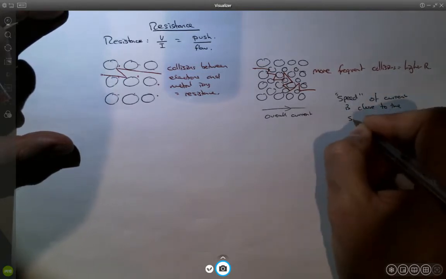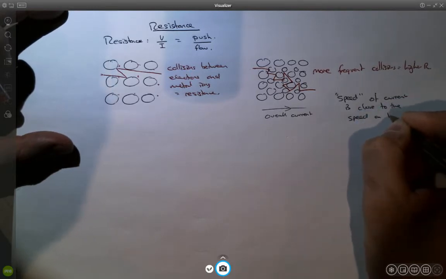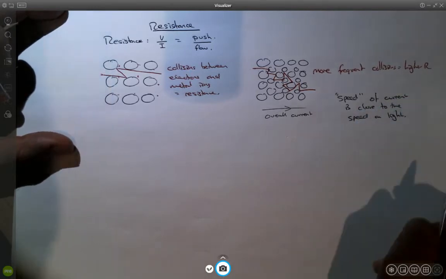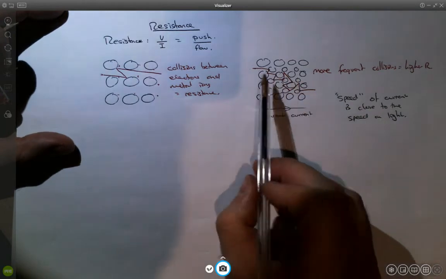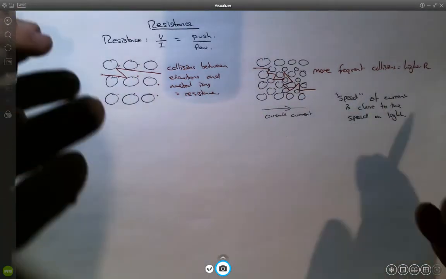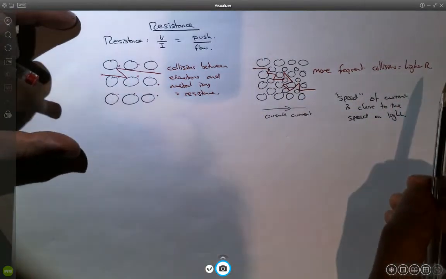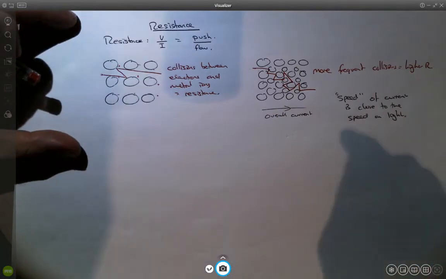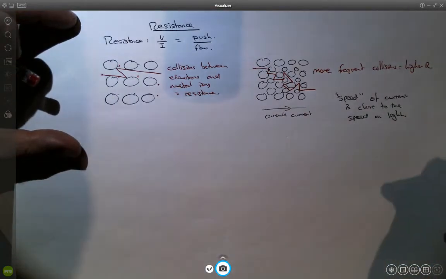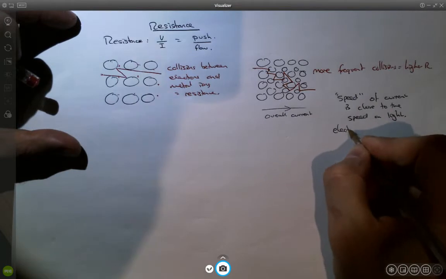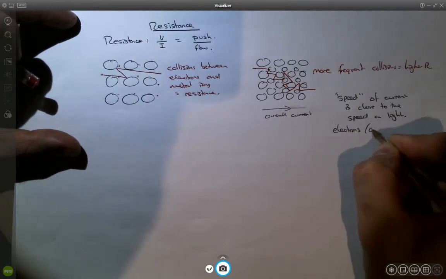So when you turn on your light switch, the current will more or less travel at the speed of light, and it'll be a very, very fast reaction between turning on the light switch and the light coming on.